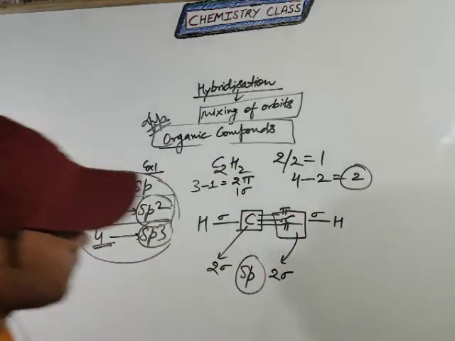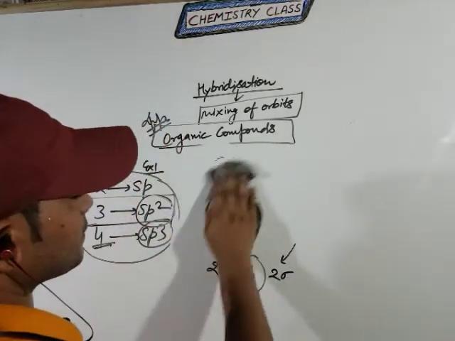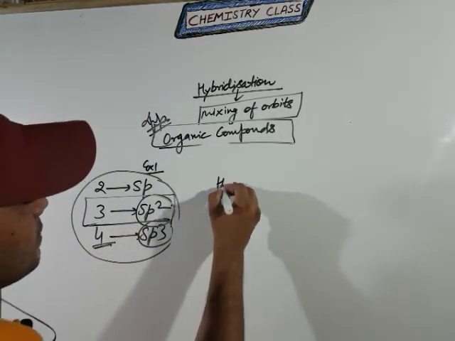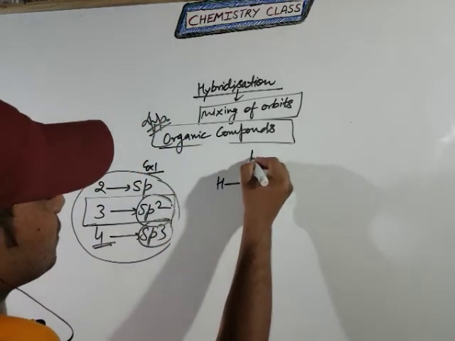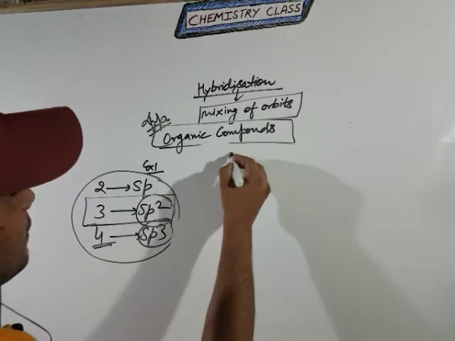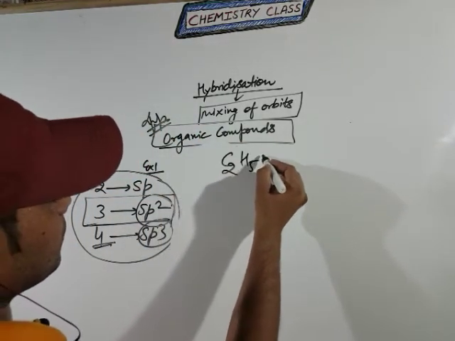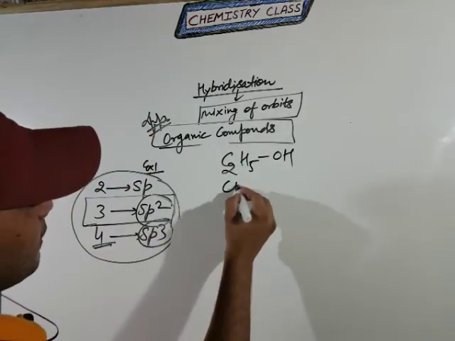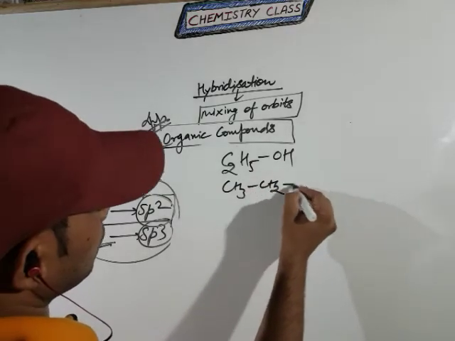Now come to a different type of example, like H single bond C single bond H. You can see the example given here is C2H5OH. So students, you can write CH3CH2OH.